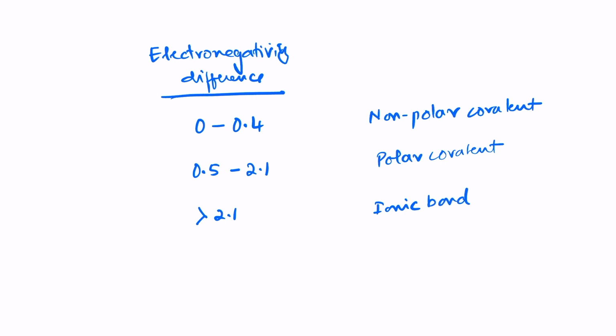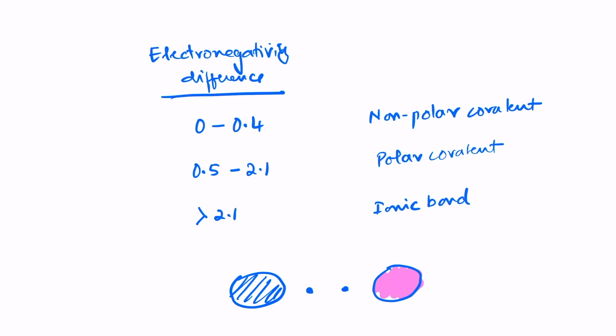One thing to notice here: when the difference is between 0 and 2.1, the electrons are still being shared between the atoms. I'm just going to draw 2 circles to show you, so you have the 2 electrons between them. I'm going to shade these circles, and let's shade this one with a different color.